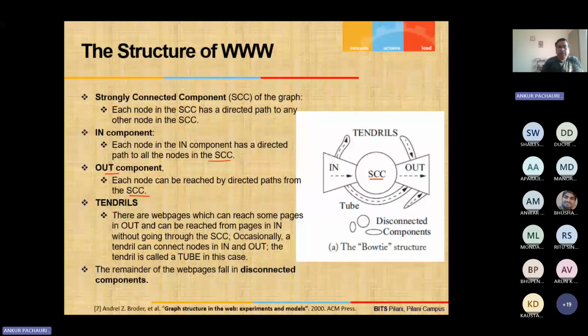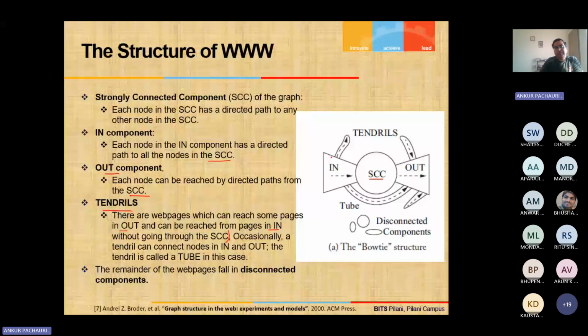Then there were a few tendrils. Tendrils means hanging around. These are web pages which can reach some web pages in out, and can be reached from the web pages in in, without going through the SCC. So they have nothing to do with the SCC. They are not connected to the SCC. They are just roaming around, hanging around.